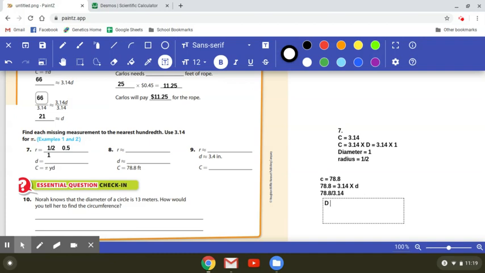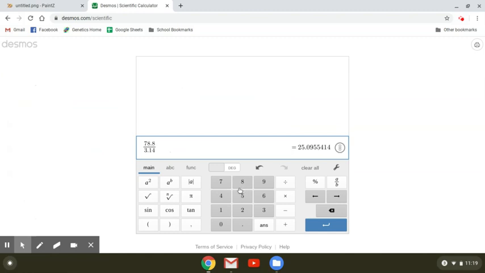So that means the diameter equals 25.1. If the diameter is 25.1, then we know the radius is half of that. So 25.1 divided by 2 equals the radius. Okay, so I'm just going to take this number right there and I'm going to divide it by 2. I get 12.5.